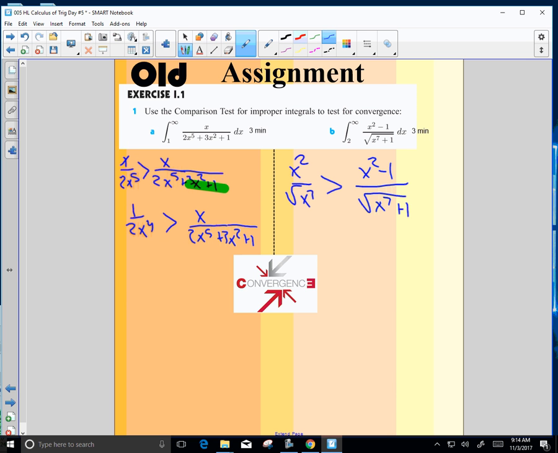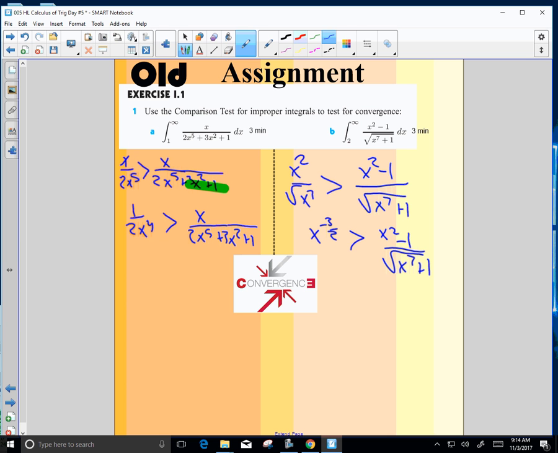We'll simplify it down. This is x squared times x to the negative 7 halves. So what's 4 halves minus 7 halves? Negative 3 halves. So x to the negative 3 halves is going to be greater than x squared minus 1 over the square root of x to the seventh plus 1.